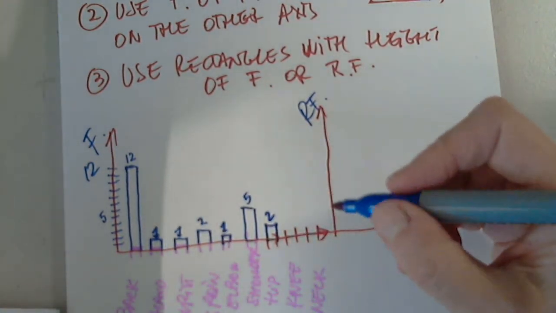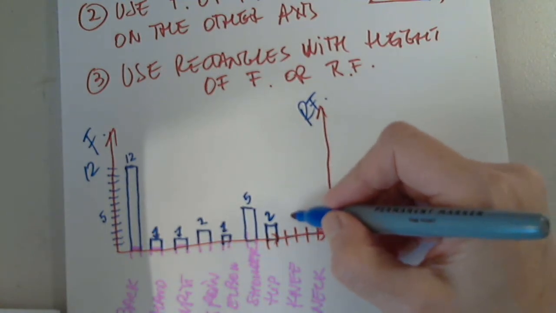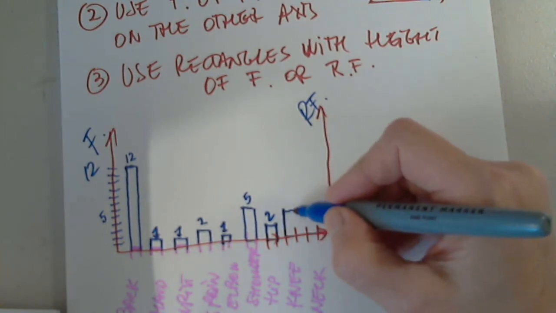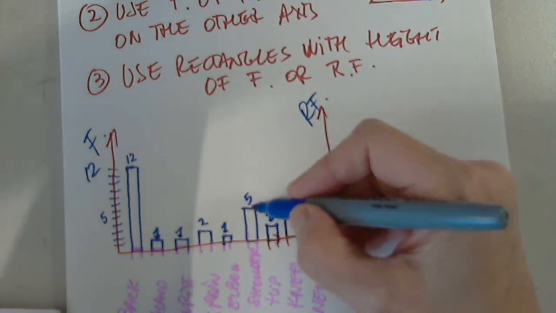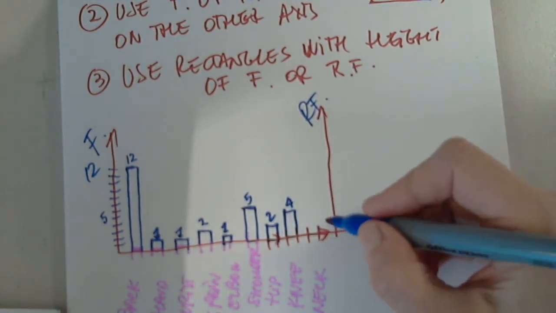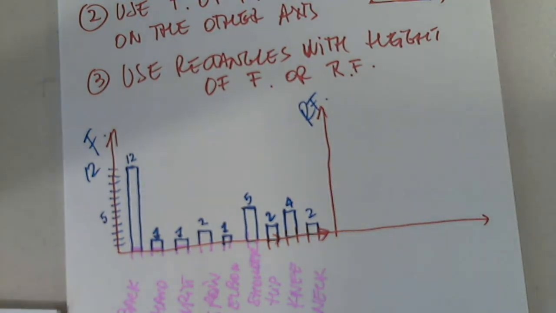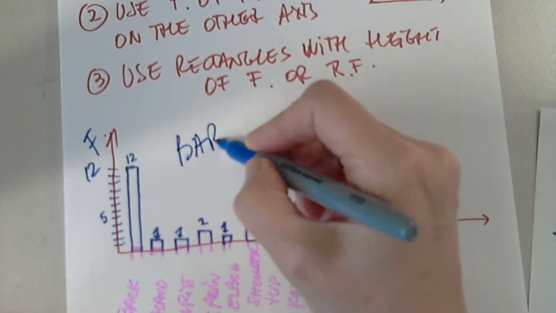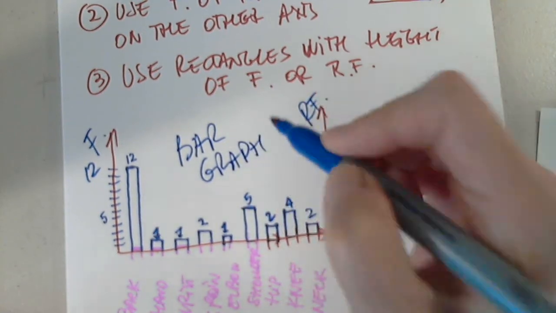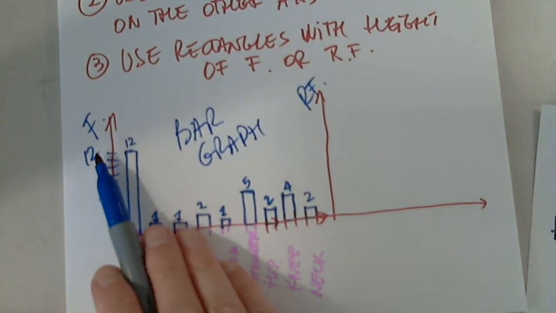Knee goes to 4. And the last one back to 2. And this is a bar graph for qualitative data, using the frequency.